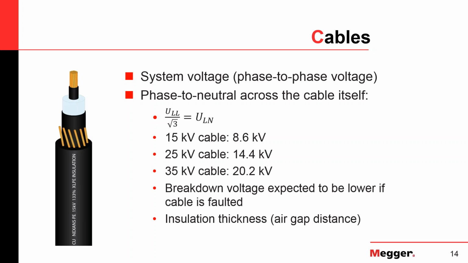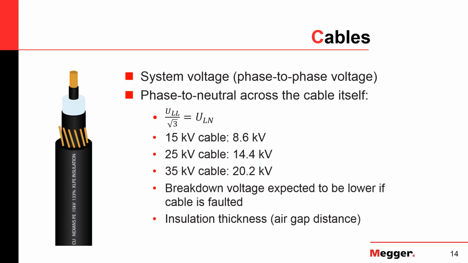Now, if you have phase-to-phase, that is 15 kV. The main insulation of each individual cable is only exposed to √3 less. That means from the center conductor to the neutral, a 15 kV cable sees 8.6 kV at the most.